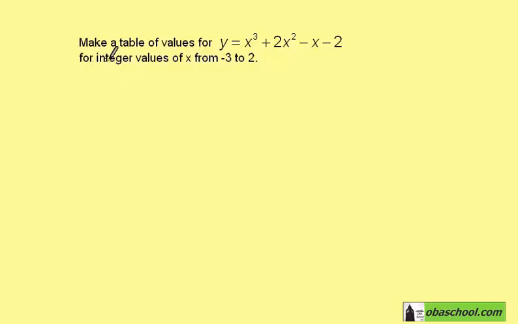We want to make a table of values for the cubic equation y equals x cubed plus 2x squared minus x minus 2, for integer values, that's whole number values, of x from minus 3 to 2.